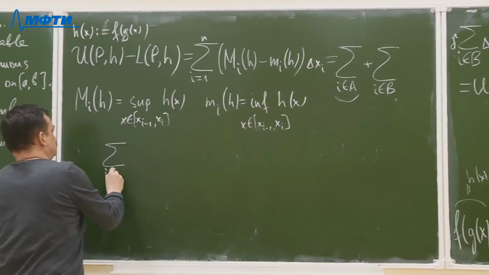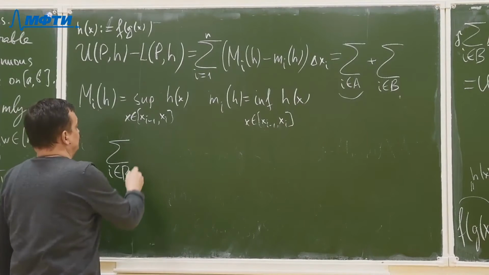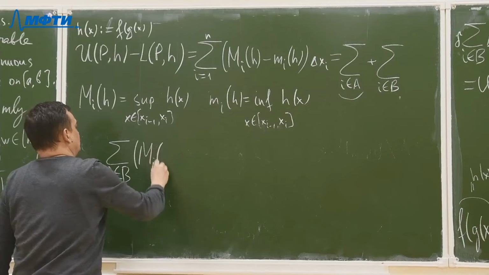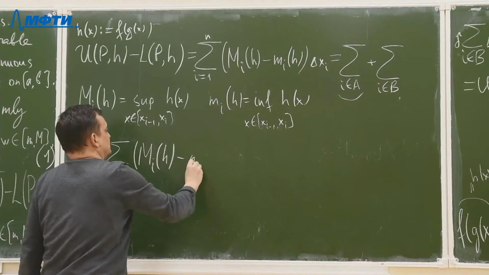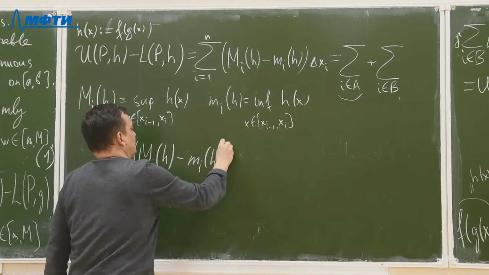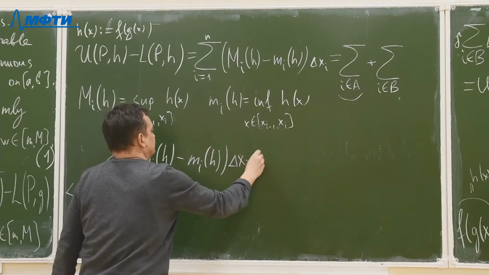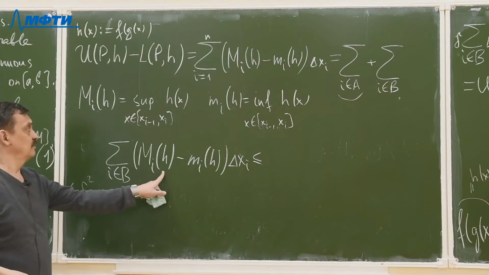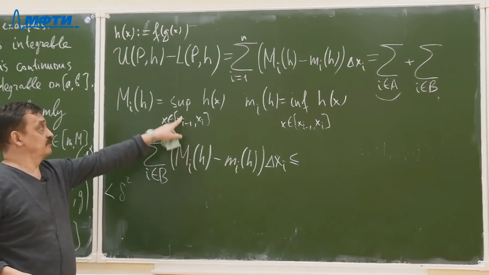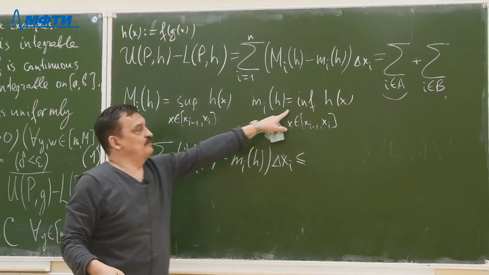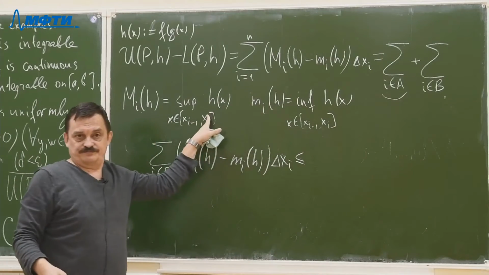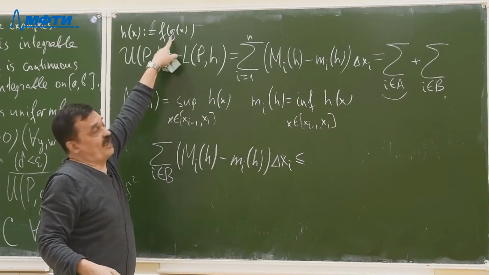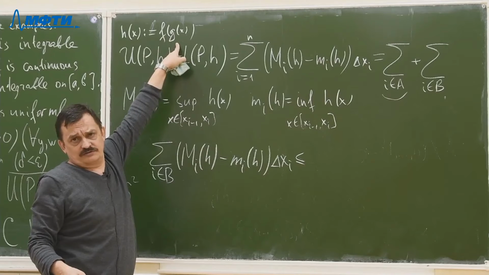Well, the sum over i in capital B of M_i of h minus little m_i of h times delta x_i is less or equal. Okay, what are those values? Look, the supremum and infimum of h of x. h is f at a point, right?